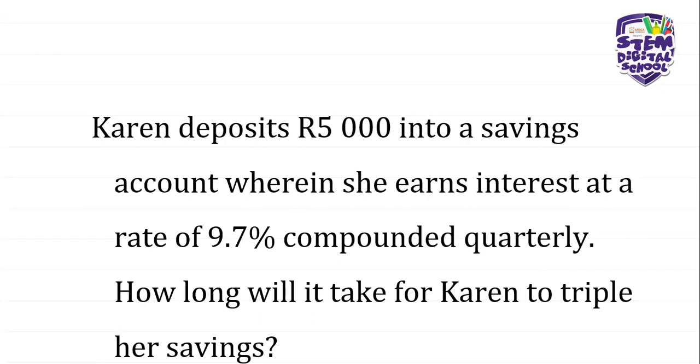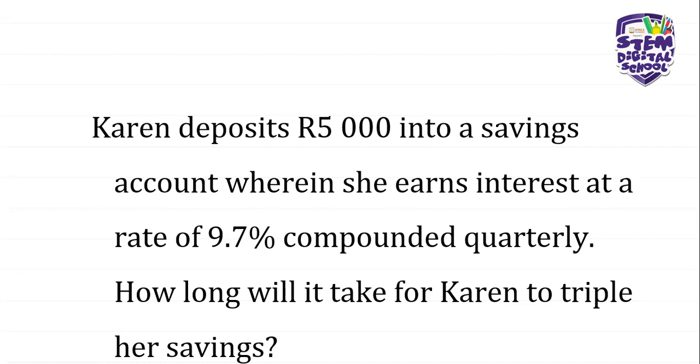You can't see the figure in this question, but we are told that the investment triples. When the investment triples, it means you multiply the original investment by 3. So if you multiply 5,000 by 3, you get 15,000. So this simply means that the accrued amount is 15,000 rands.